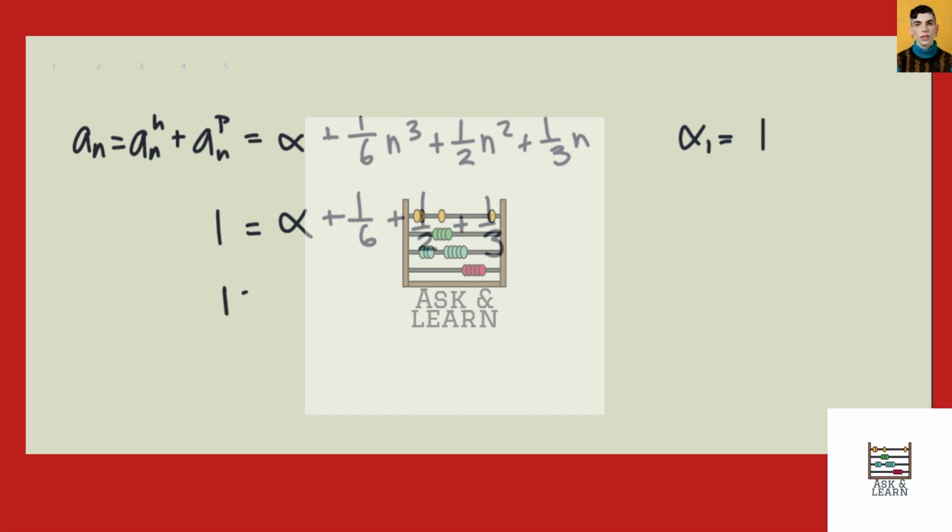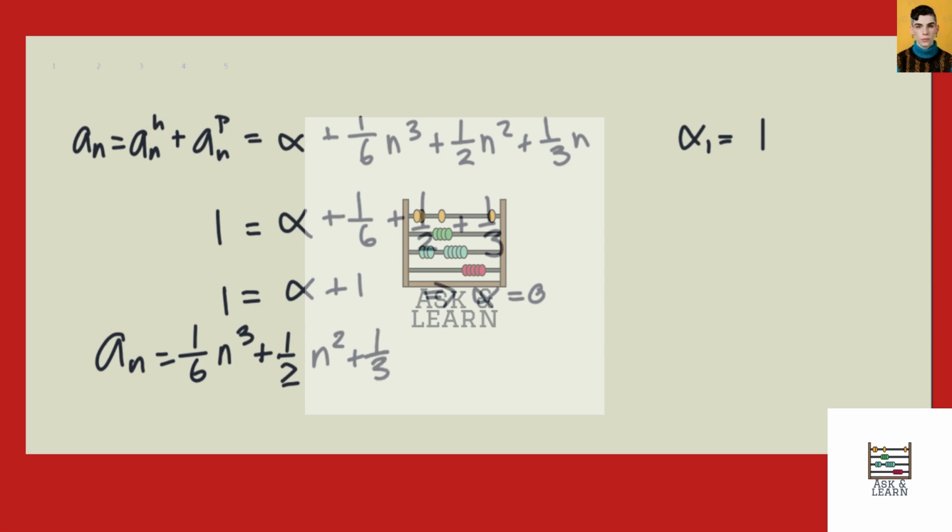And we get that 1 is equal to alpha plus 1. So that means that alpha is actually equal to 0. So this means that a_n is really just equal to 1/6 times n cubed plus 1/2 times n squared plus 1/3 times n.